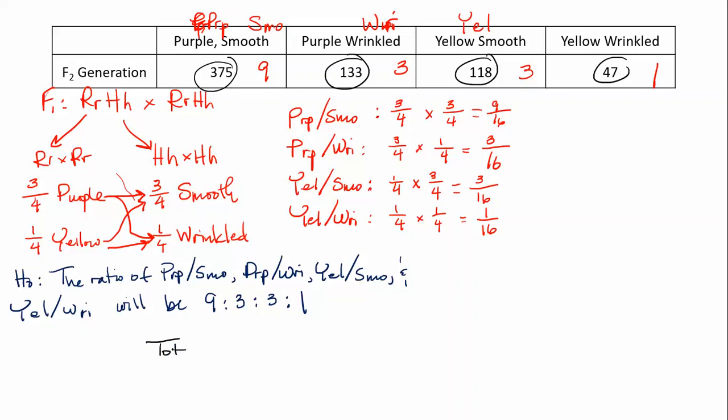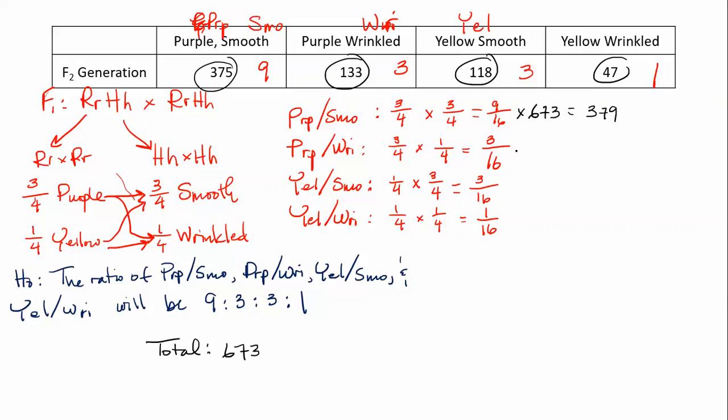Our total number of offspring from this cross is 673. To find out what 9/16 of that is, we need to multiply 9/16 by 673. If you do that, you get 379, and I'm choosing to round to the nearest whole number, but it shouldn't affect the outcome too much if you round to a decimal point.